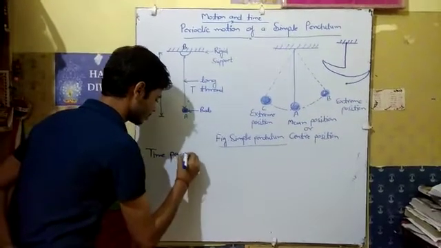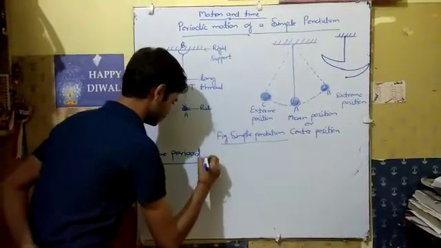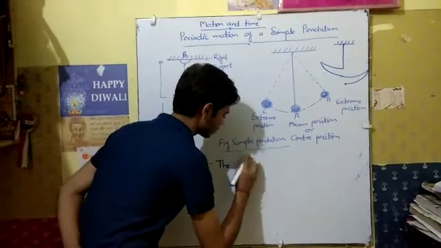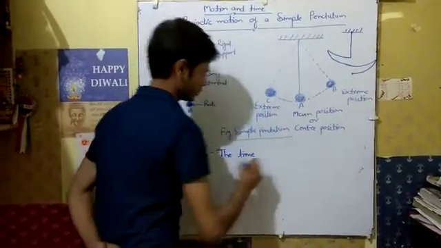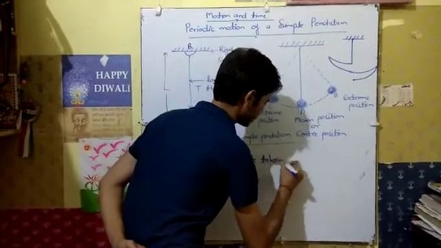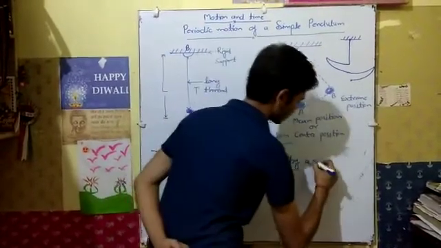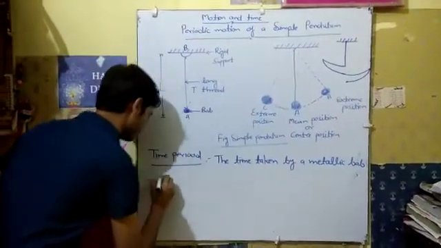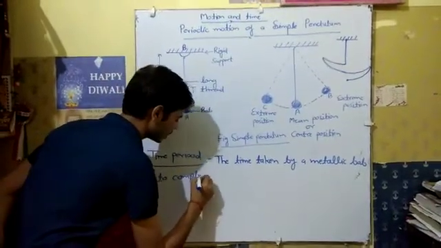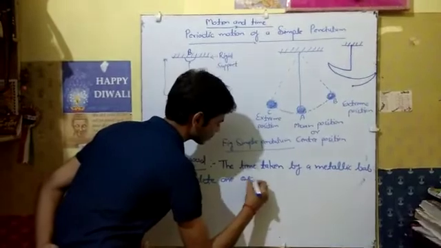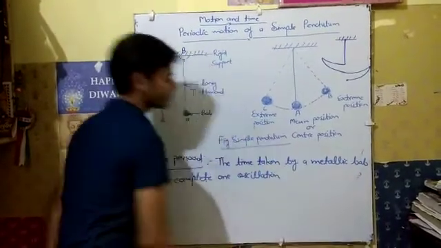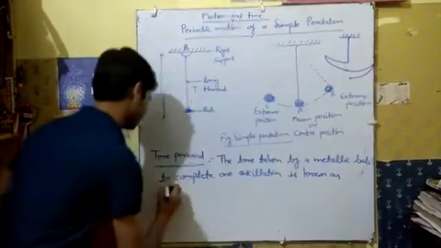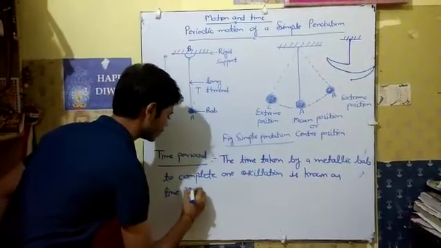Time period. What is the time period? The time taken by a metallic bob to complete one oscillation is known as time period.